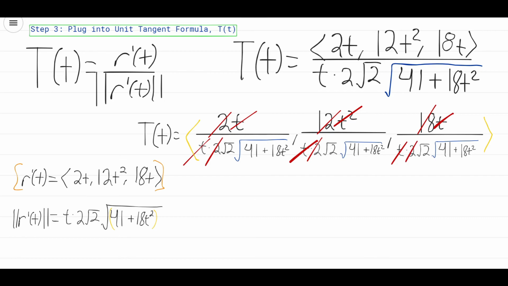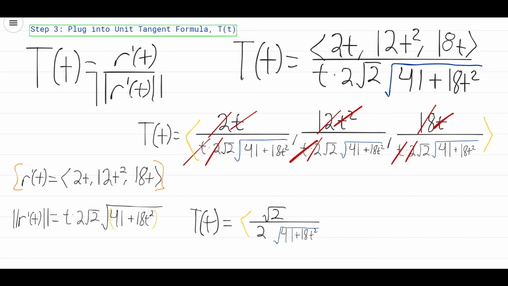When we simplify this, I'm going to radicalize. So square root of 2 over 2, and then 41 plus 18t squared inside the square root. What I did here was radicalize. I know that one over the square root of anything in the denominator is the same thing as the square root of that number divided by itself. So the square root of 2 in the denominator is equal to the square root of 2 over 2.